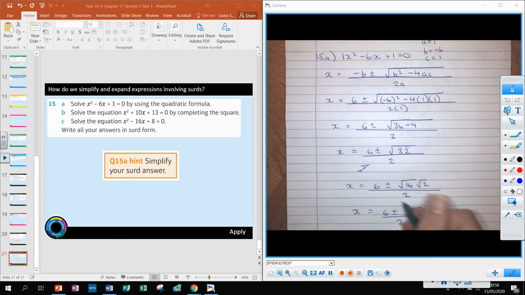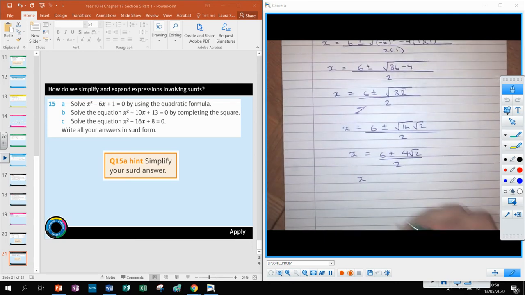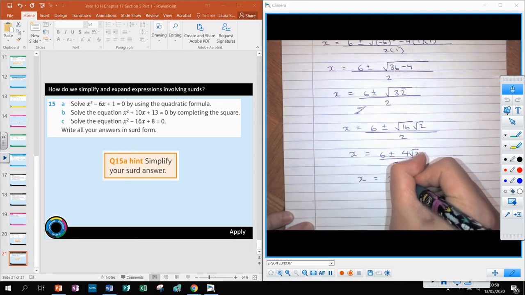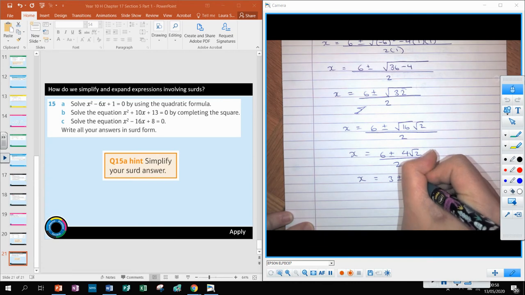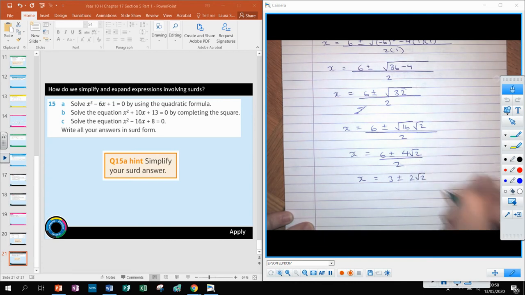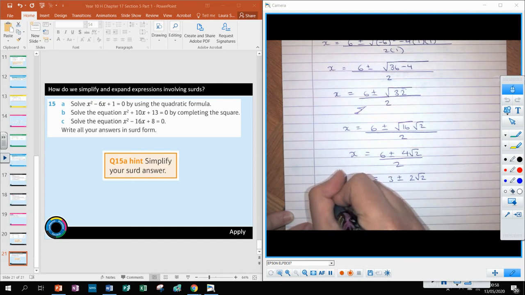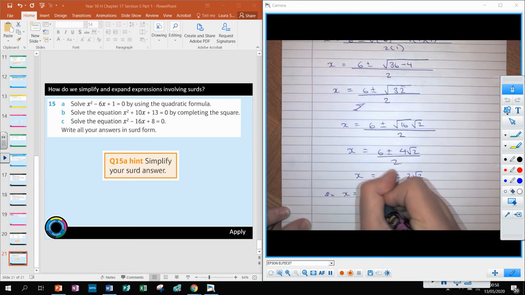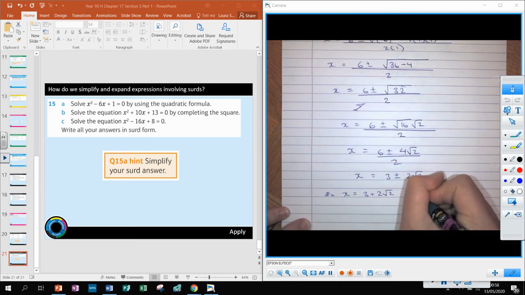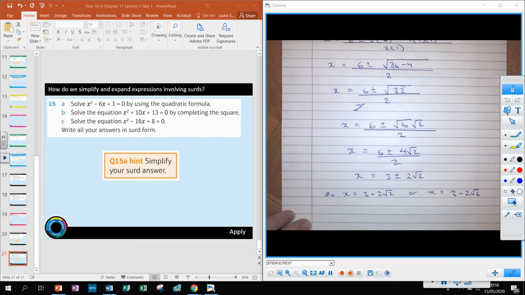And finally, we can divide out the 2, and that is going to give us x is equal to 3 plus or minus 2 root 2. Now I can say that therefore x is equal to 3 plus 2 root 2, or x is equal to 3 minus 2 root 2, and those are our two solutions.